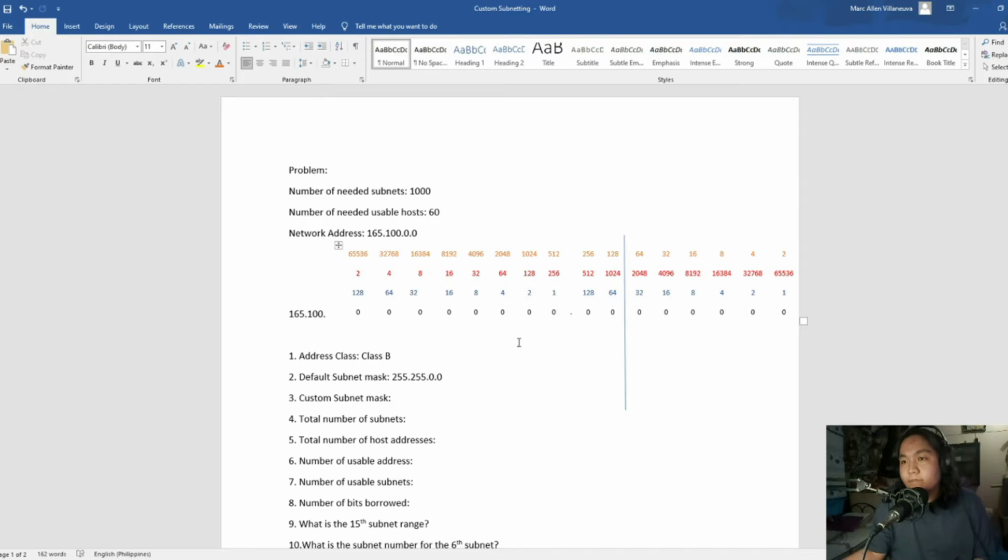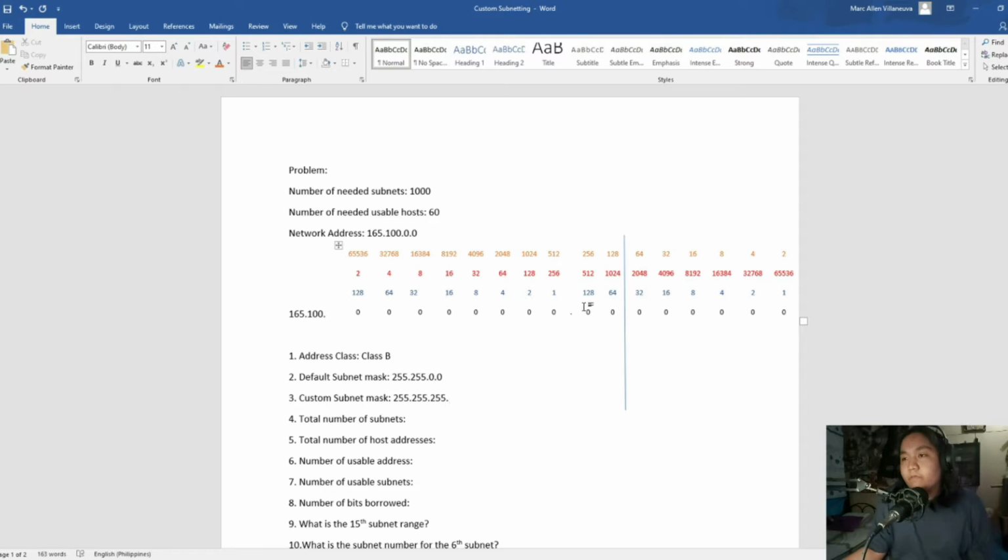Okay, so as you can see, we have completely 8 here. So our third octet will be 255, because if we add this all together, the answer will be 255. So we put 255.255.255.